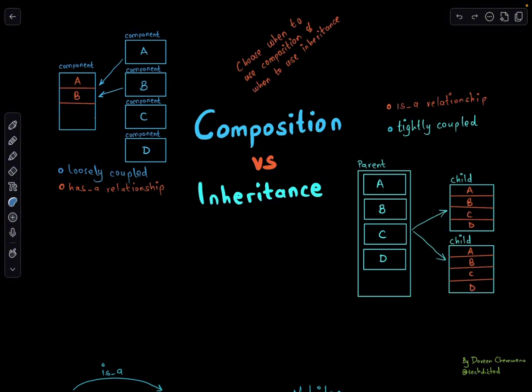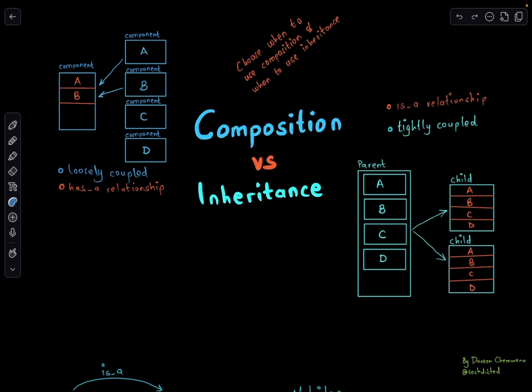However, in inheritance, when we create children, the children will just take whatever that parent has. So there are use cases where inheritance is good, and there are use cases where composition is king.